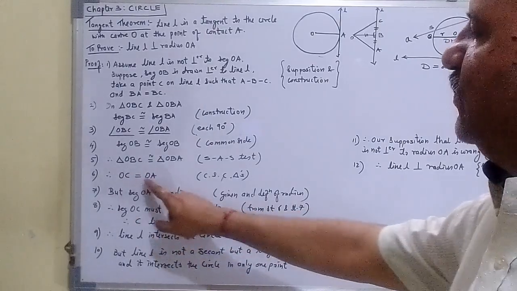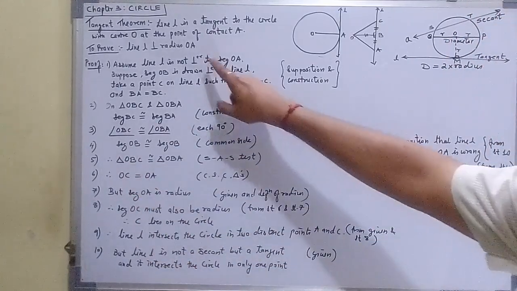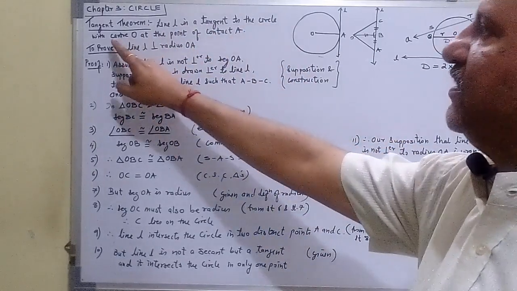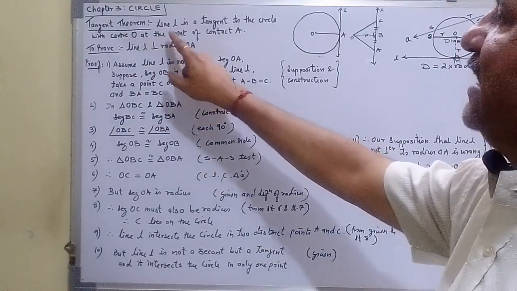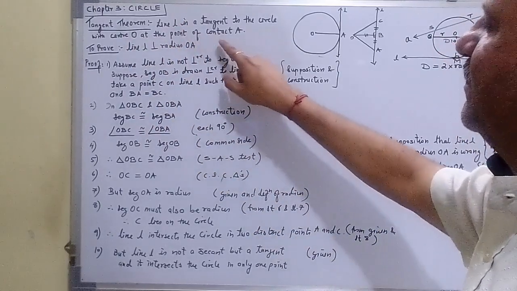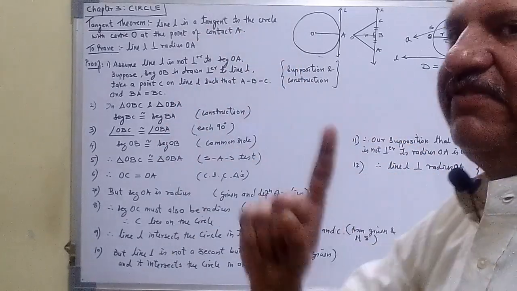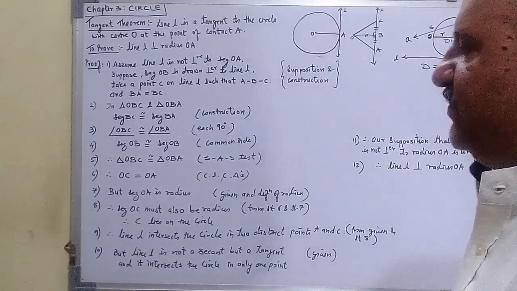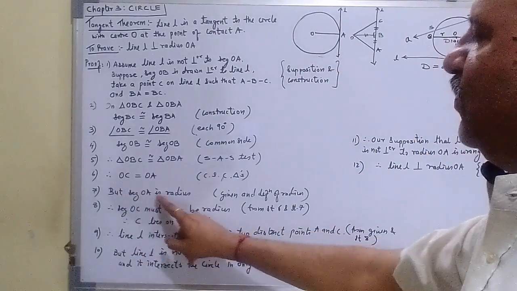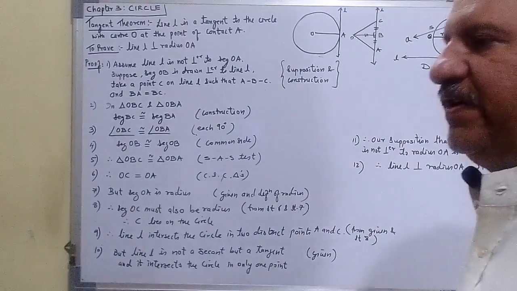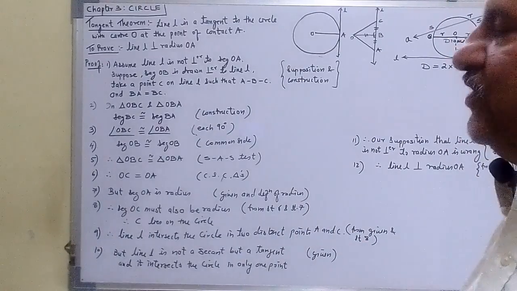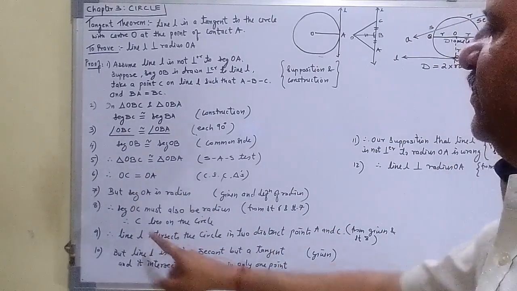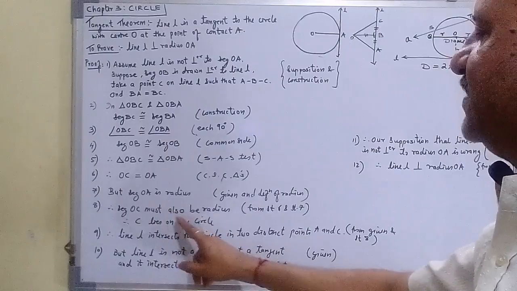Now, OC equal to OA, ध्यान दो, हमने क्या लिया है? OA is radius. देखो, line L is a tangent to a circle with center O and at a point A, it intersects the circle. So by definition, OA is the radius. तो हमने यहाँ लिया, therefore, seg OA is a radius given and by definition of radius. This shows that अगर OA radius है, तो OC भी radius होगा. देखो, therefore segment OC must also be radius.